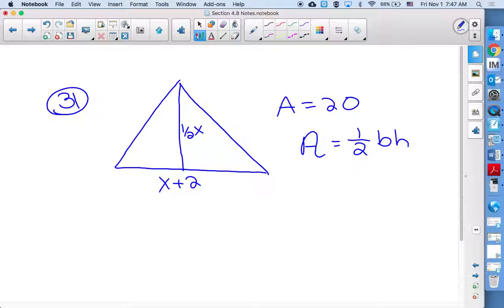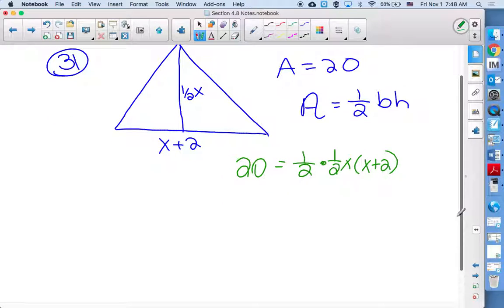So if I plug the information in, just like we did before, 20 is equal to 1/2, and then the base is x plus 2. The height is also 1/2 x. So 1/2 base times height.